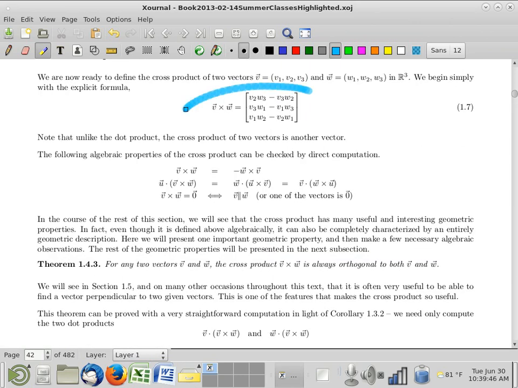This formula for the cross product, you are going to need to be able to compute cross products given a couple of vectors. It's tempting to say that you should memorize that formula. I'm actually going to suggest that you do not memorize that formula as written right there, because it's confusing. It's easy to twist it around and get it backwards, and it's so easy, for example, for the second component to write down V1W3 minus V3W1, and just get these terms backwards.